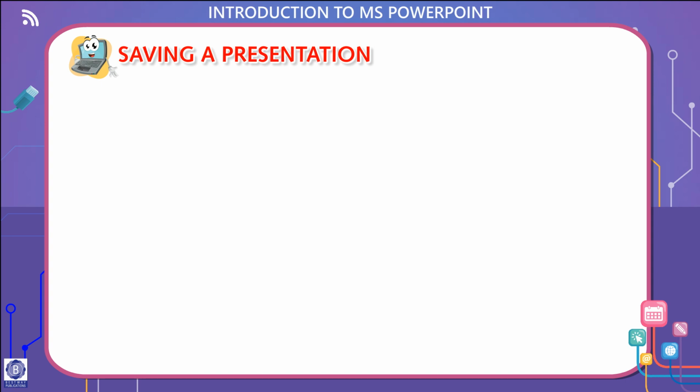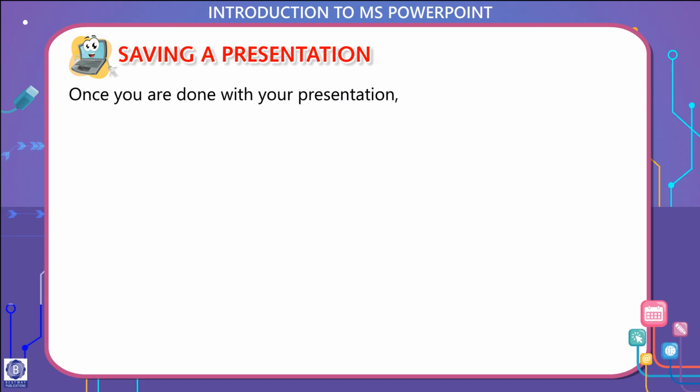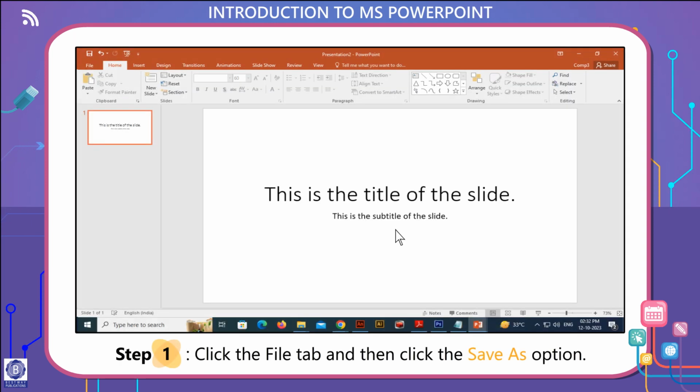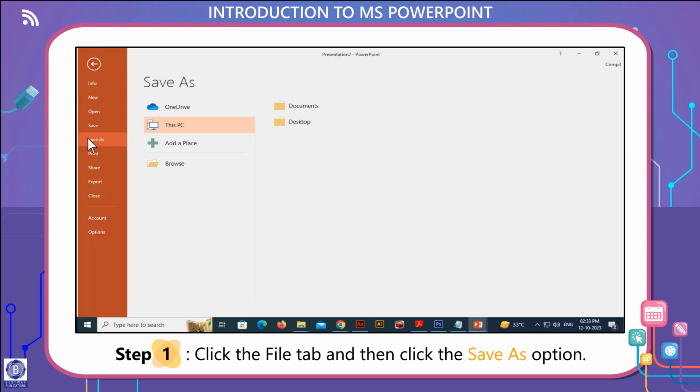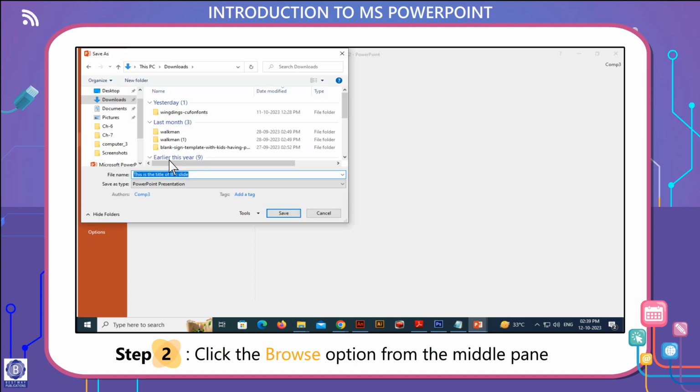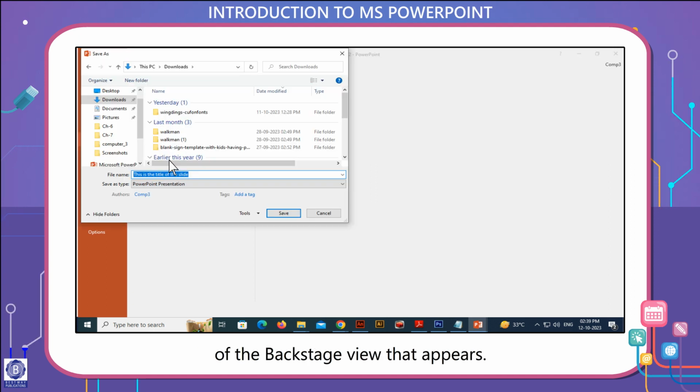Saving a presentation. Once you are done with your presentation, you should save it so that you can view it in future. To save a presentation, follow these steps. Step 1. Click the File tab and then click the Save As option. Step 2. Click the Browse option from the middle pane of the Backstage view that appears. The Save As dialog box appears. Step 3.